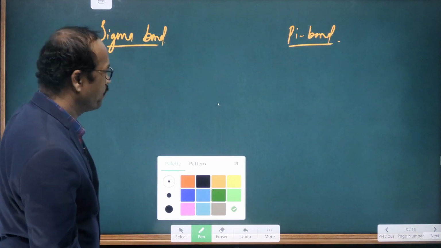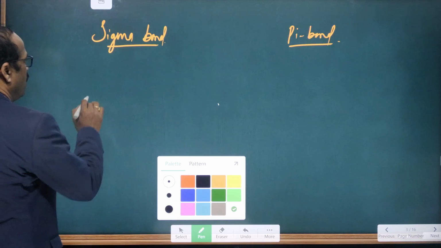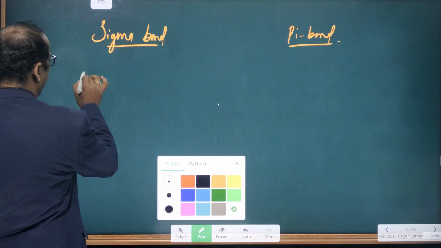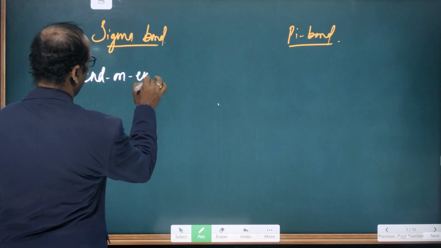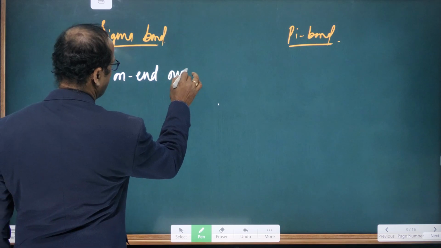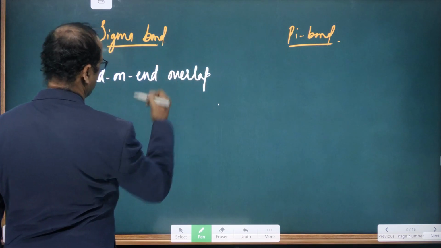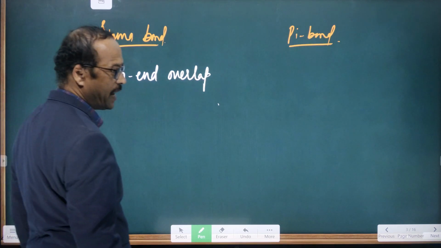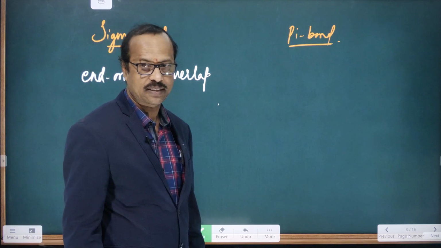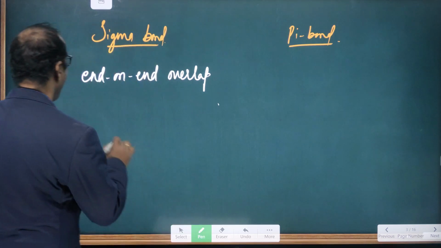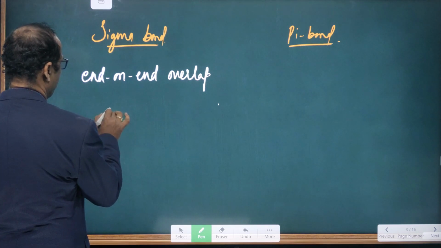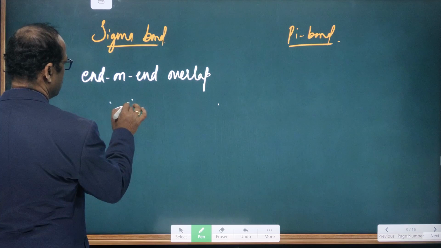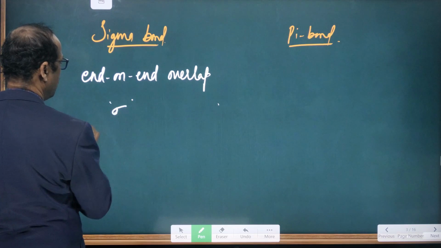What is a sigma bond? The bond formed by the end-on-end overlap is called a sigma bond. Sigma bond is denoted by the Greek letter sigma.